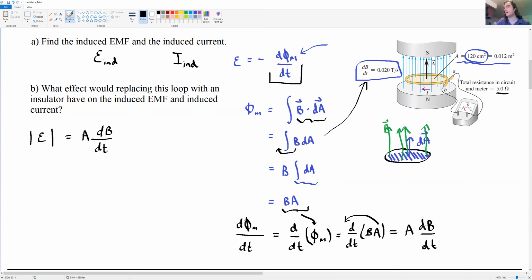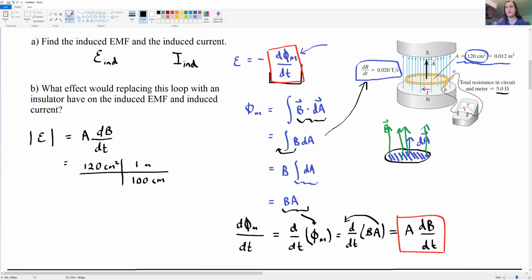Just plugging in what we got here. Let's highlight it in red. Plugging in what we got here for this right here. Okay, so we can just plug in numbers at this point. What is A? A is 120 centimeters squared, but maybe we want to convert that into meters so that we stay in MKS units, right? So 120 centimeters squared, multiply this by 1 meter over 100 centimeters, right?